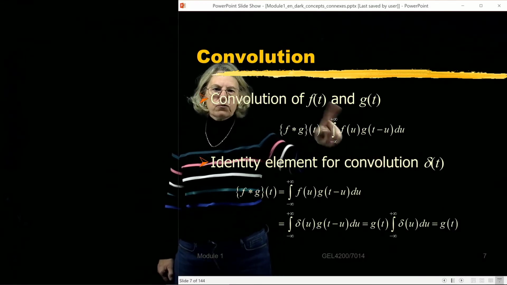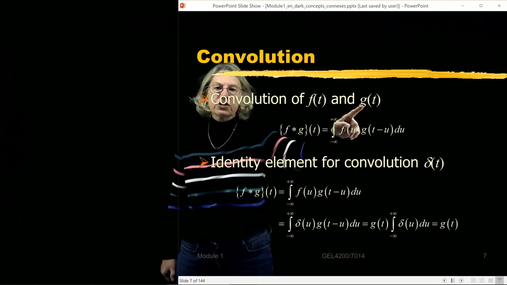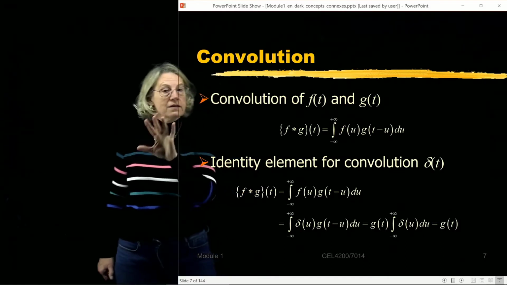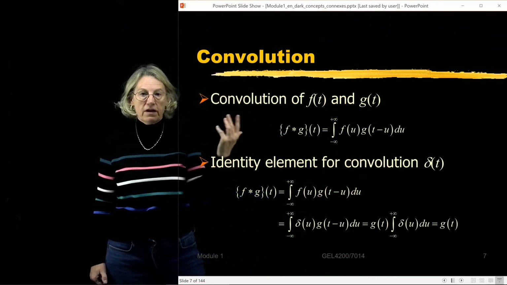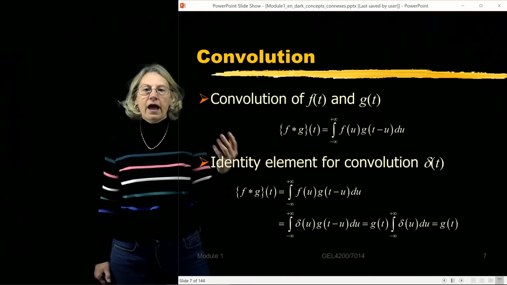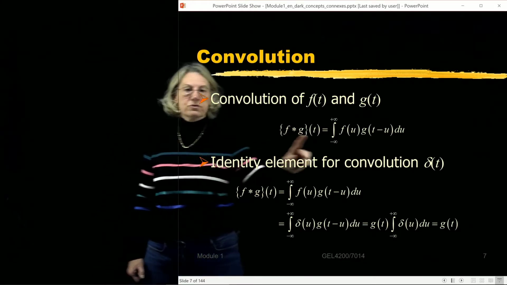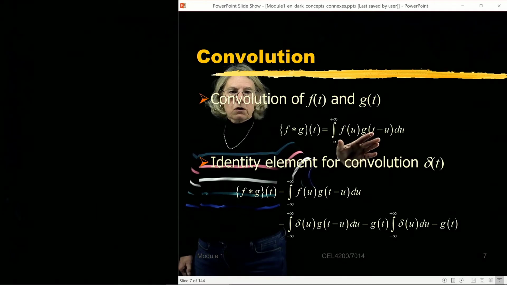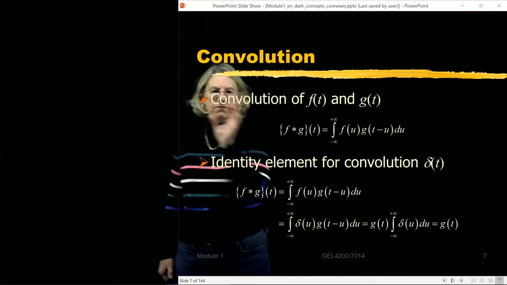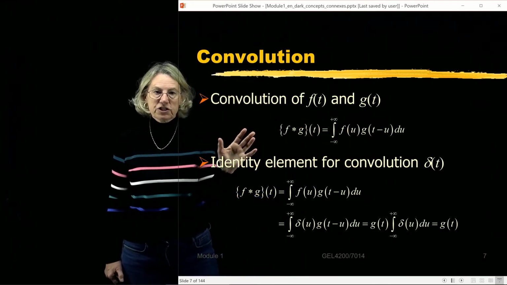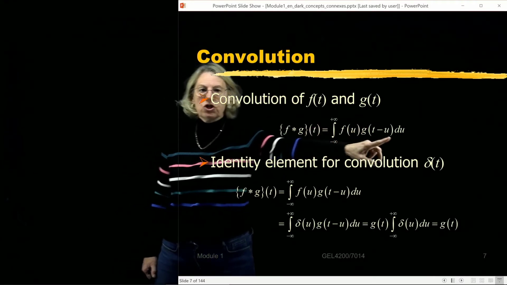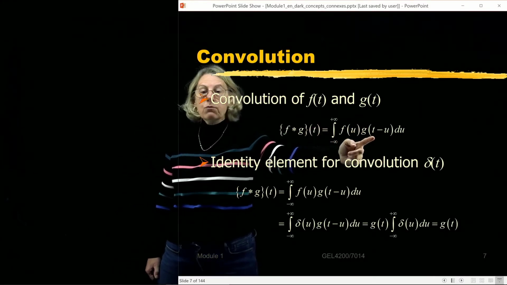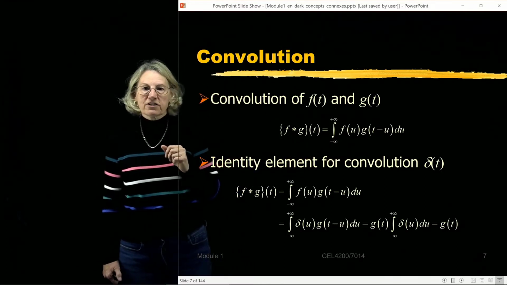So we take the first function, f of u, and the second function we flip, by putting a minus sign in front of the variable of integration u, and then we slide it by introducing a displacement t. This product of the first function and the second function, we integrate. And of course, it's a definite integral, so after the integration, u will have disappeared. However, t will remain, and that's why it remains a function of t.